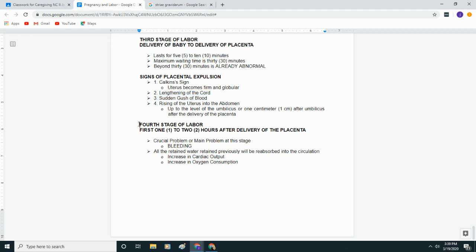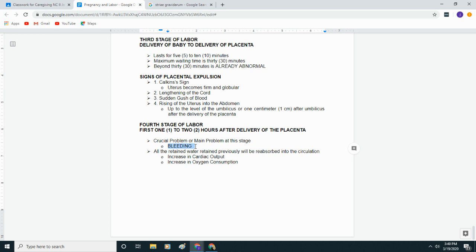Okay? So, fourth stage of labor, first 1 to 2 hours after delivery of placenta, okay, you need to check for crucial problem or main problem at this stage. Okay? Should be checking bleeding. Okay? Kasi there is a rupture of membranes, yung placenta, so dapat hindi continuous ang bleeding natin dito.